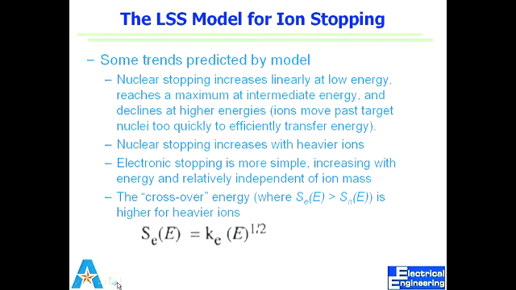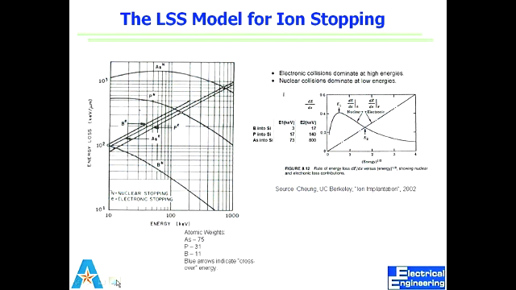So the crossover energy, where the loss to electrons equals the loss to the nucleus, is higher for heavier ions, because for heavier ions it's the mass that matters, not the charge.